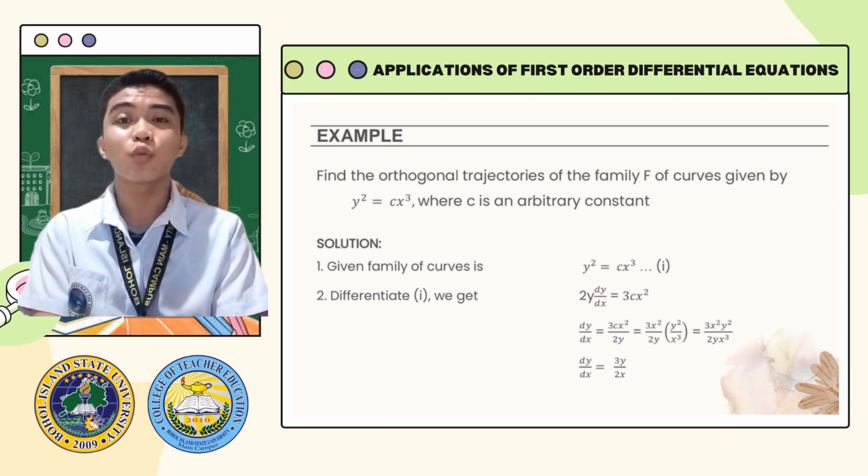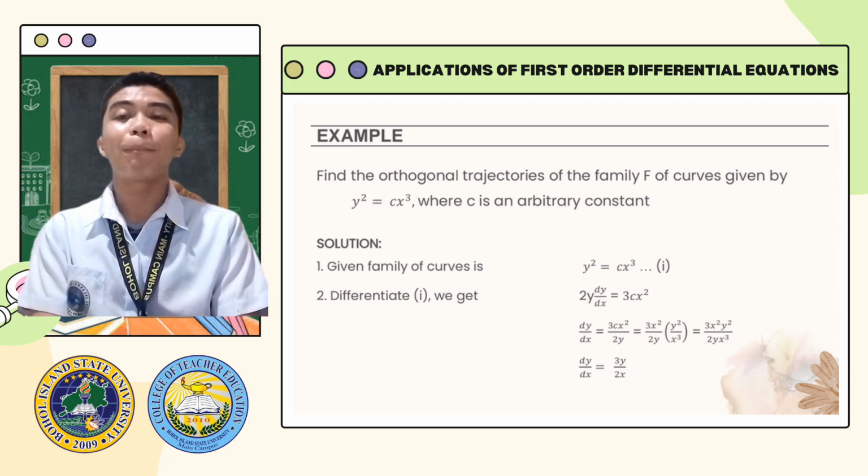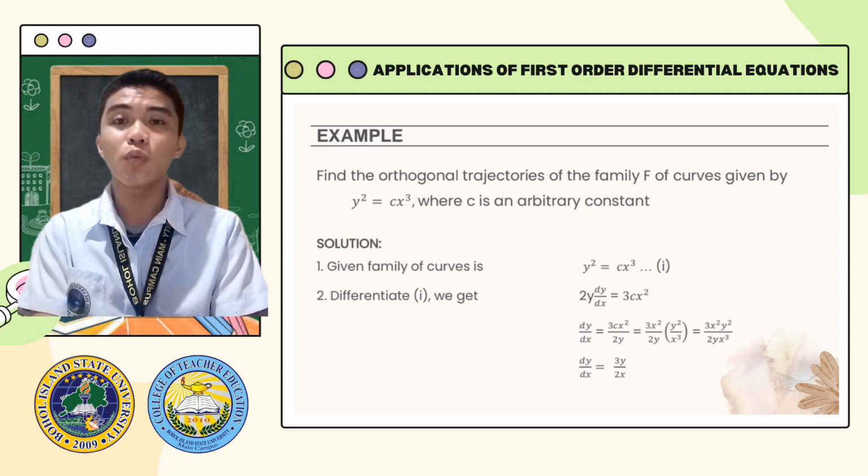By dividing both sides by x cubed, we get our value of c, which equals y squared over x cubed.